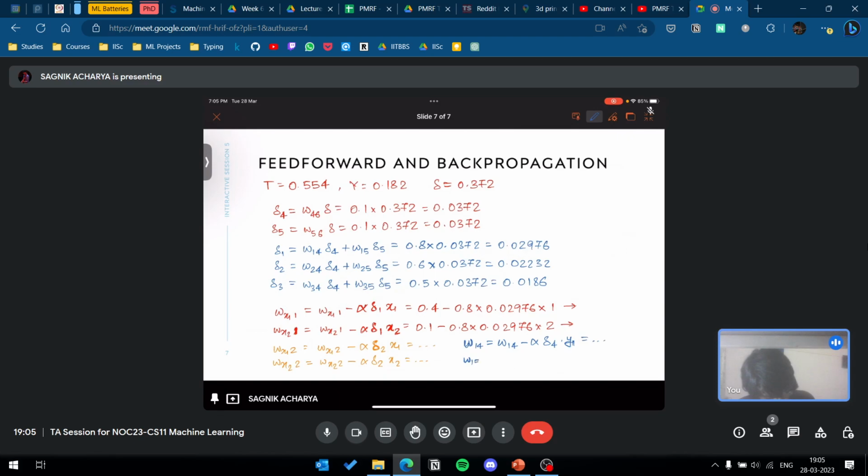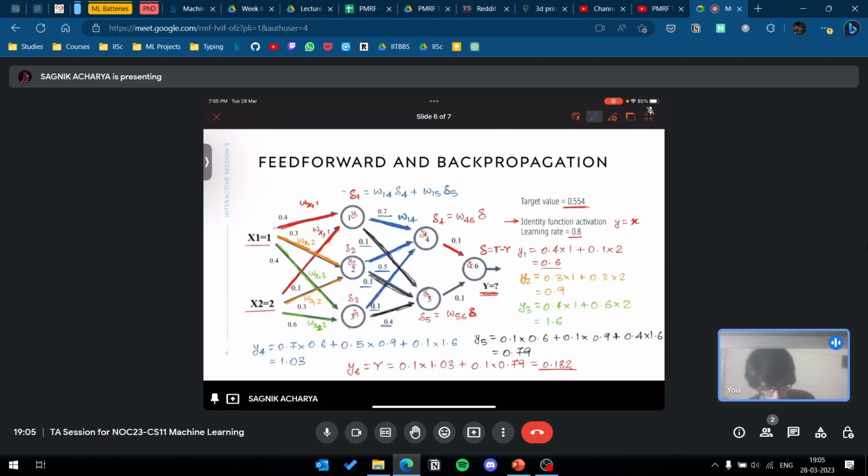Similarly, w15 is equal to w15 minus alpha times delta 5 times y1, right? And similarly for w24, w25, w34 and w35, so we can calculate all of these values.